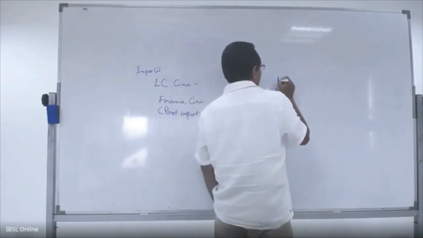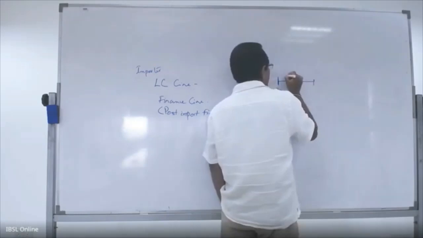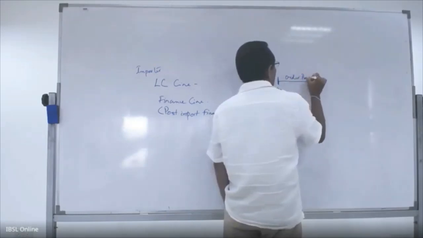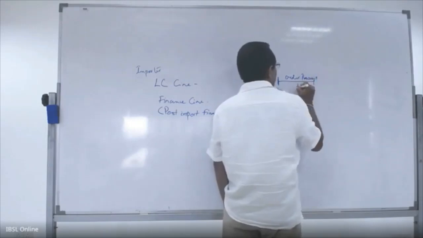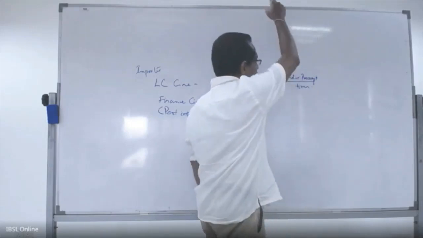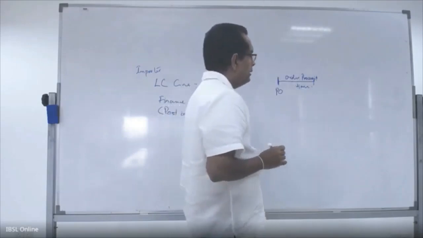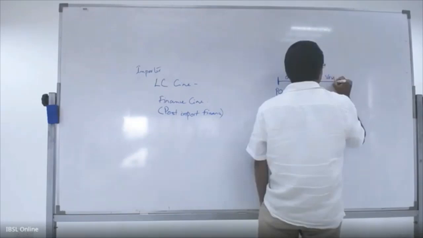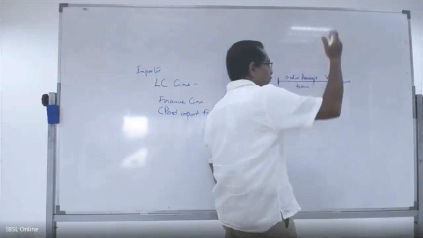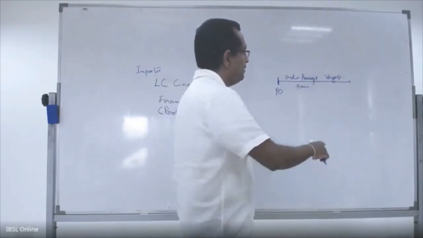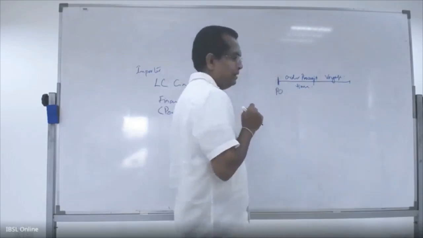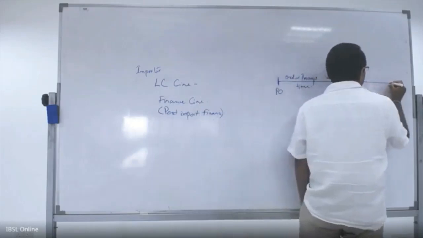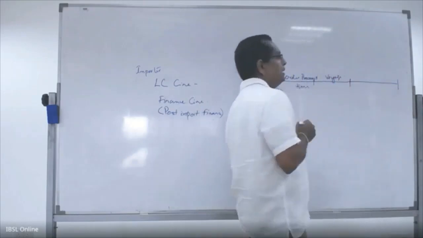Then there will be an order processing time, as Mr. Saravana Muthu said, exporters then. Then there will be a voyage time. From New Delhi to Colombo, there will be another time period. Once the goods release, there will be another time.